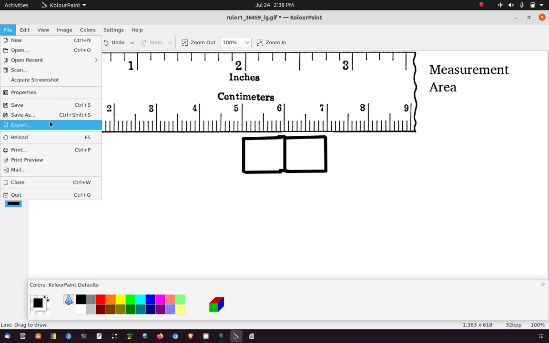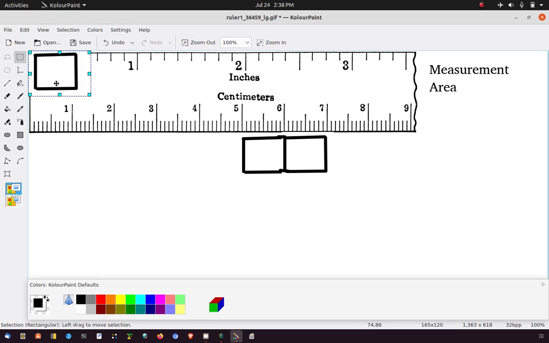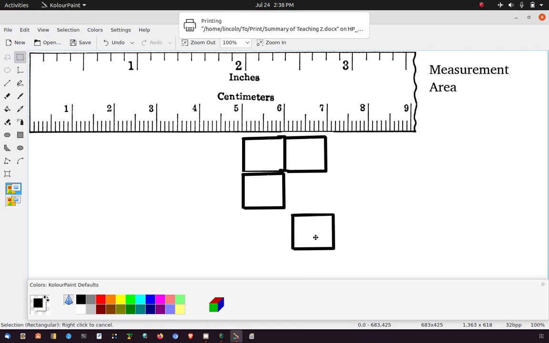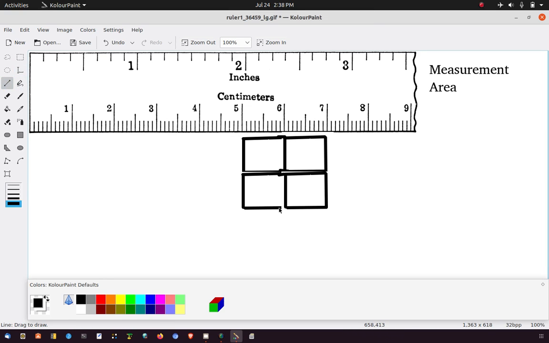Now let me paste again, and I have my square here. Let me just copy this one. I'm going to paste it later on. Let me move this right here. I want to put it here. What do I have? It's 3 square centimeters. Then I also have this. And this makes a total of 4 square centimeters.